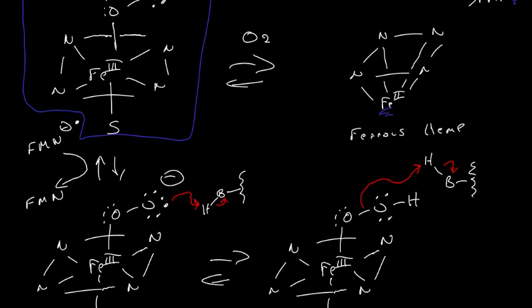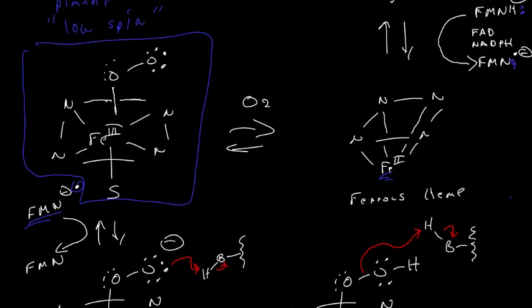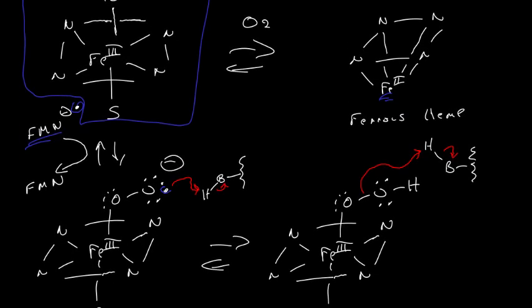It picks up another electron from FMN. Again, I'm showing that by this little radical electron here. You'll notice here that there are only 1, 2, 3, 4, 5 electrons right there, right?